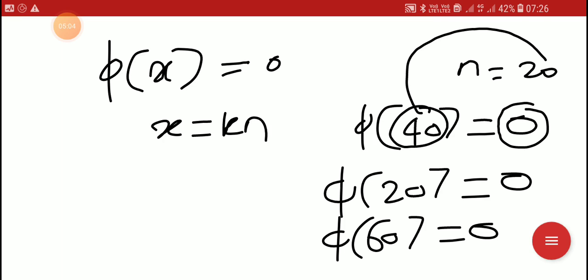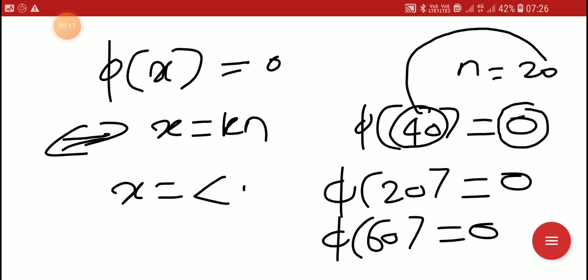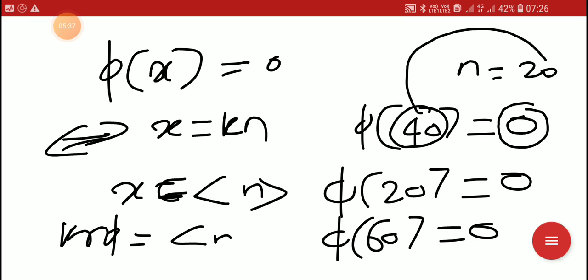In a similar way, phi of x equal to 0 implies x is a multiple of n, that is kn, and conversely. Therefore, x is a member of the group generated by n, which implies the kernel of phi is equal to the group or the set generated by n.